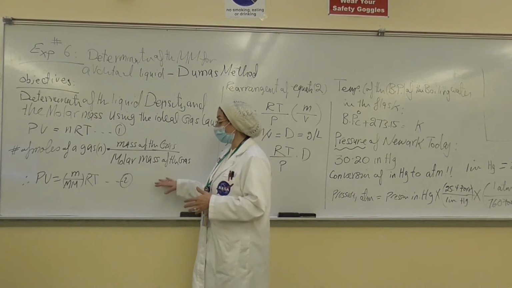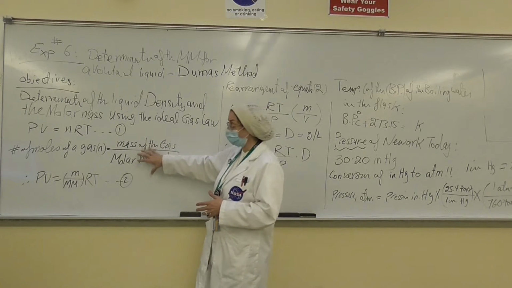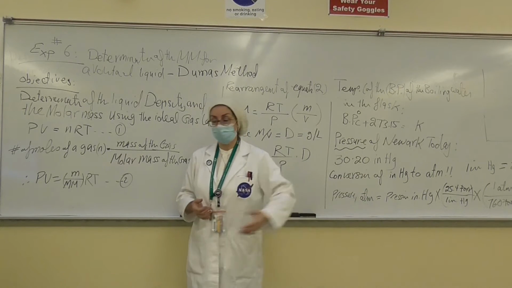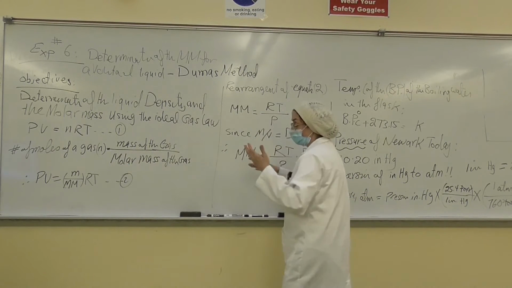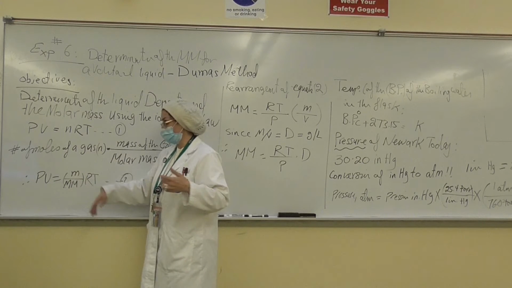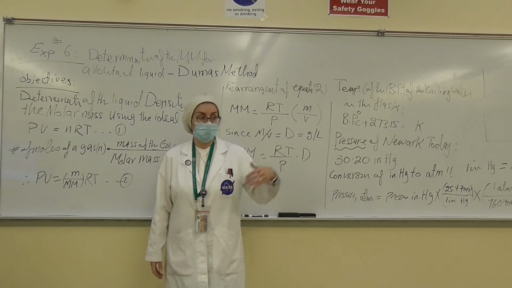So then we are able to substitute this particular value in the ideal gas law. These are the acronyms for mass, which is in grams, and molar mass, which is grams per mole.